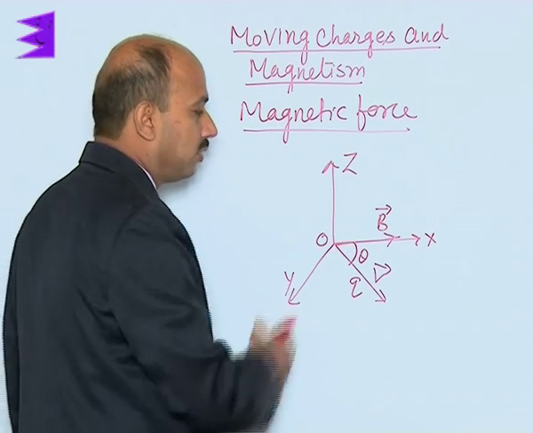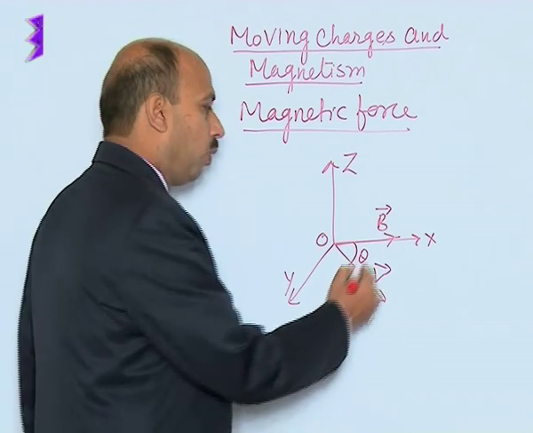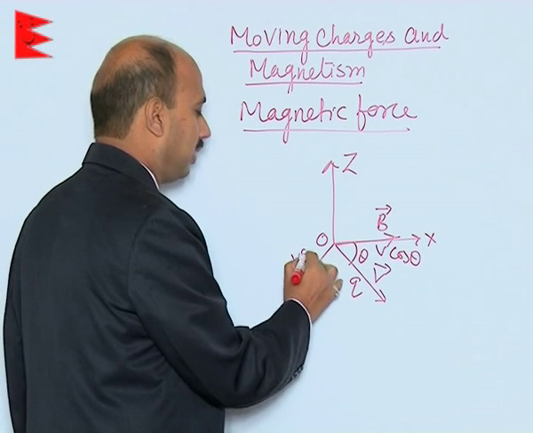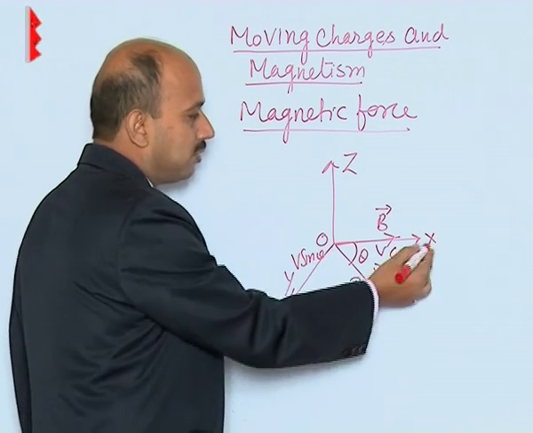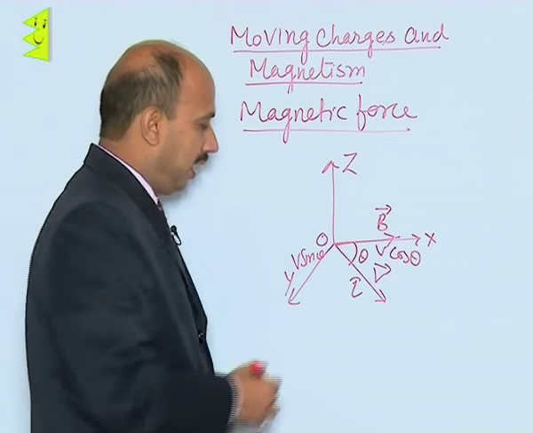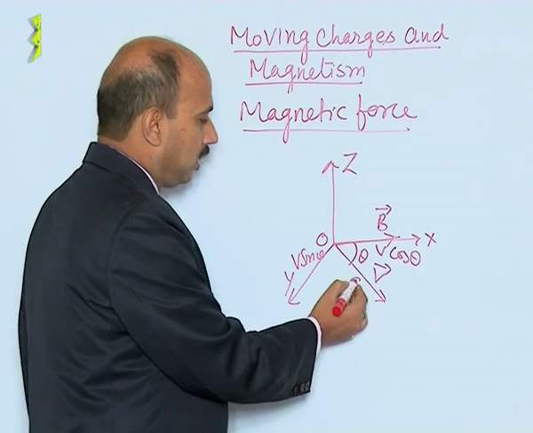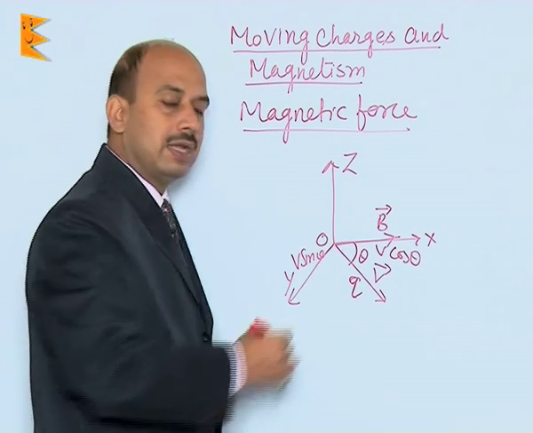Then this velocity has two components: one is v cos theta, along the x axis, and another is v sin theta, along the y axis. So v sin theta is actually perpendicular to the magnetic field.